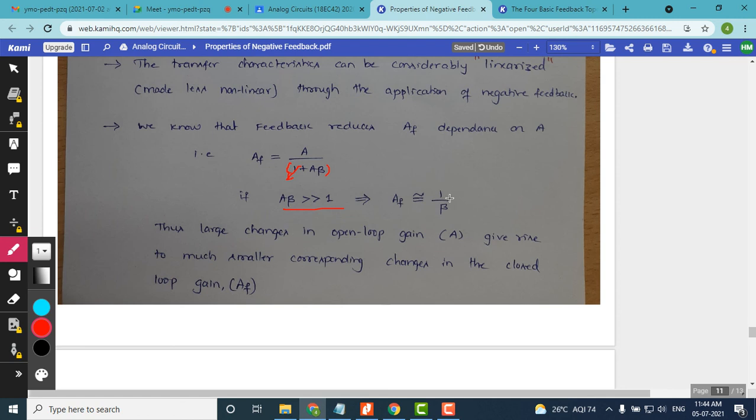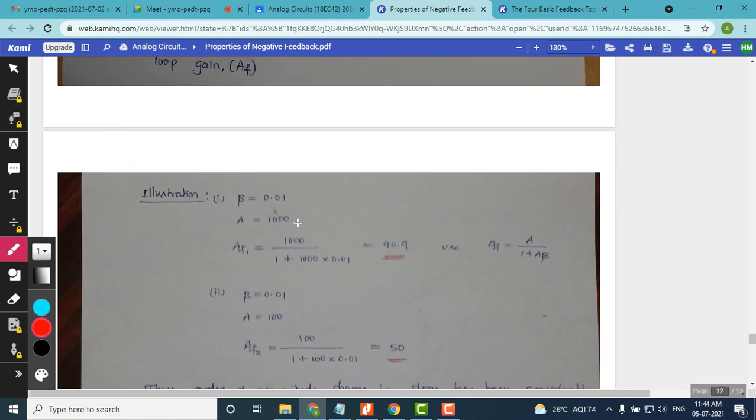Okay. So, a large change in the open loop gain gives rise to a smaller change in the closed loop gain. Aβ is large, so the total amplifier gain with the feedback becomes independent of the open loop amplifier gain.